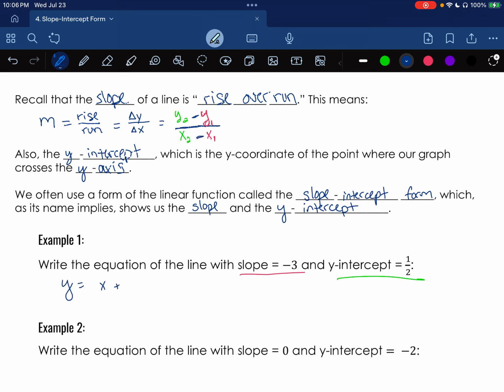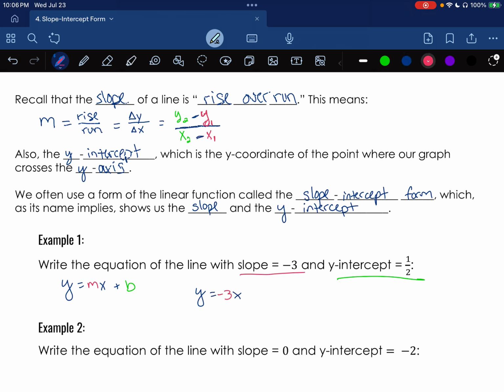And I'll just plug those values in. So y is equal to -3x plus a half. All right.